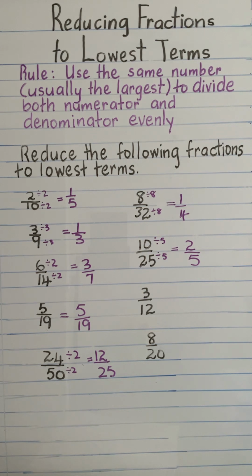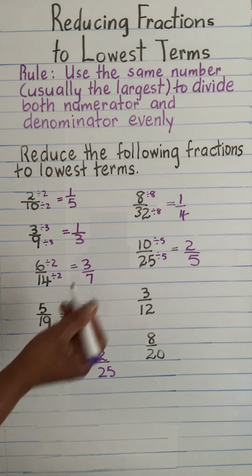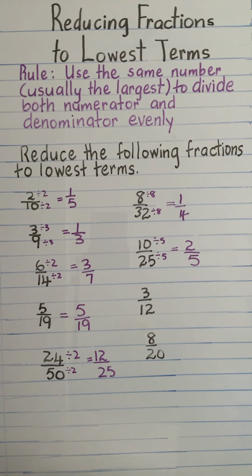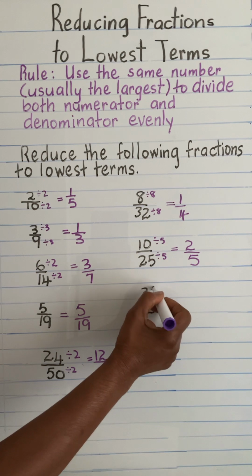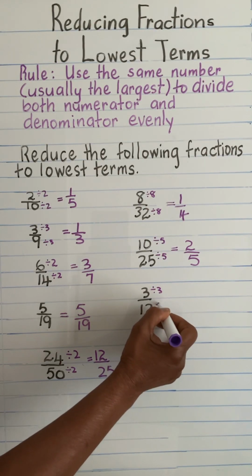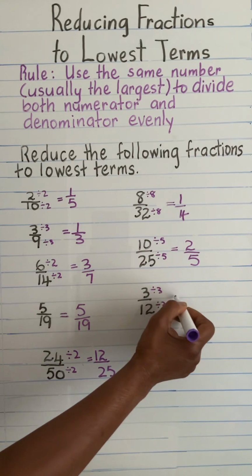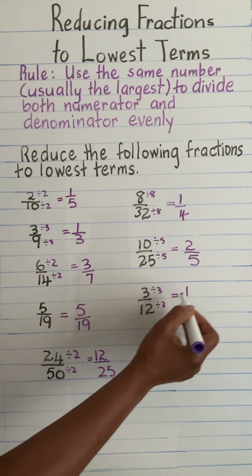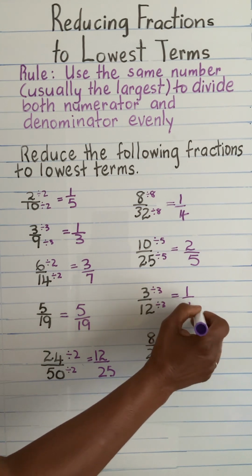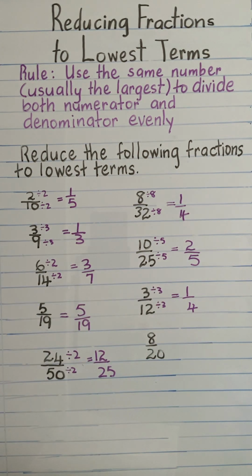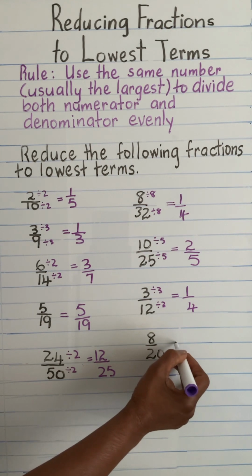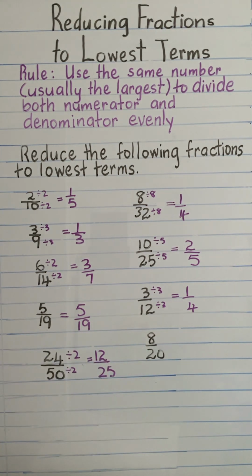Next, 3/12. 3 can divide 3. Let's see if 3 can divide 12, and yes it can, so let's divide both numbers by 3. 3 divided by 3 is equal to 1, and 12 divided by 3 is equal to 4. So 3/12 is equal to 1/4 or a quarter. And the last one, 8 over 20.